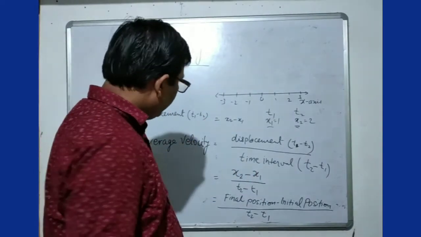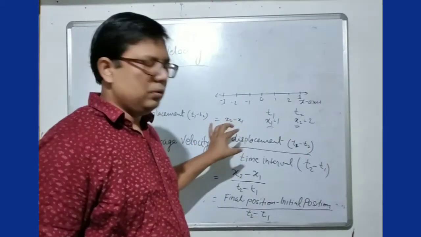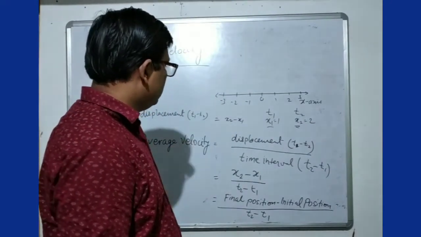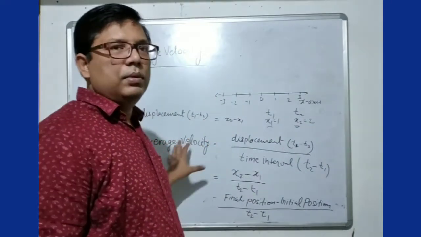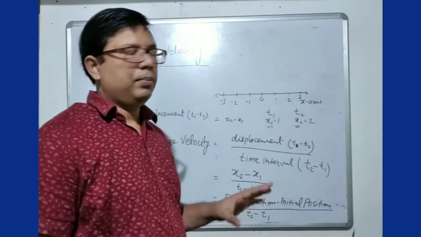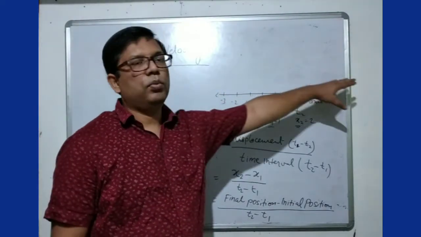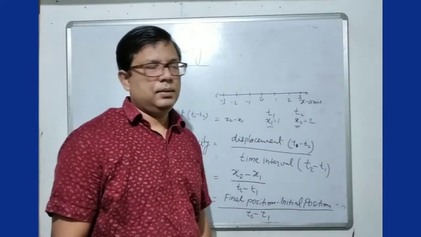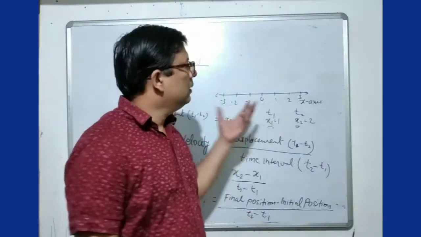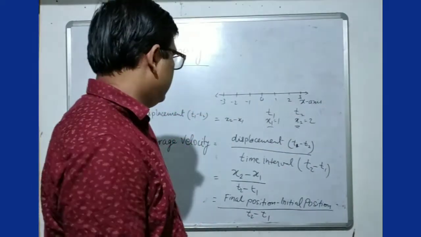So the sign of average velocity depends upon the sign of displacement between those two times. If displacement is positive, average velocity will be positive. What is the meaning of average velocity becoming positive? It means the object is moving in the positive x direction.